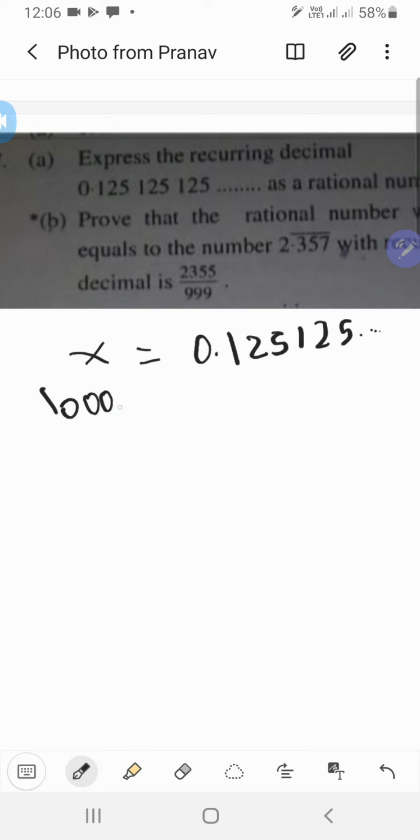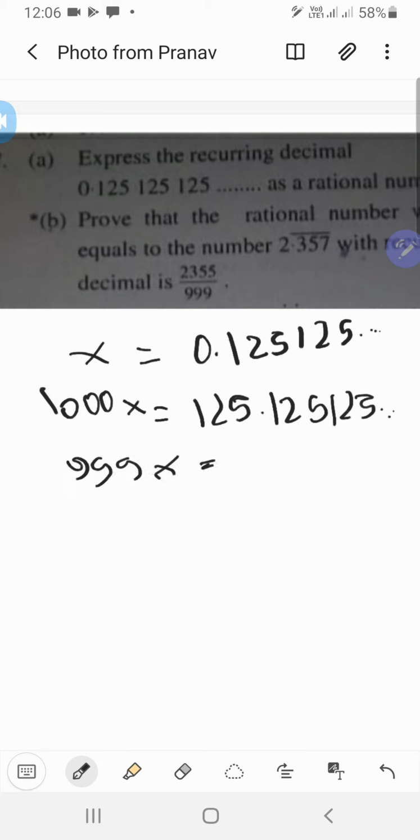So you get 1000x equals 125.125125, and so on, and then you subtract this, you get 999x equals 125. Then you get x equals 125 upon 999. Okay, that's like the old way, and also the easiest way of doing it.